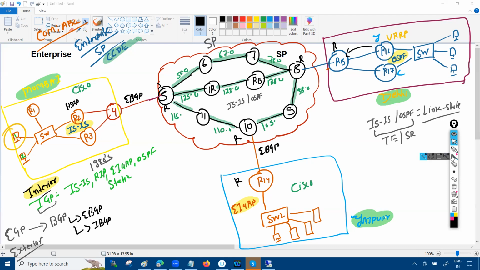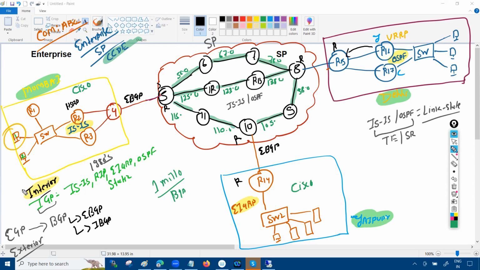Recently, I was on a customer call and I found 1 million routes in the routing table. Those were BGP routes. This amount of routes cannot be handled by any of the IGP protocols, because IGP is not designed to handle different companies' routes.